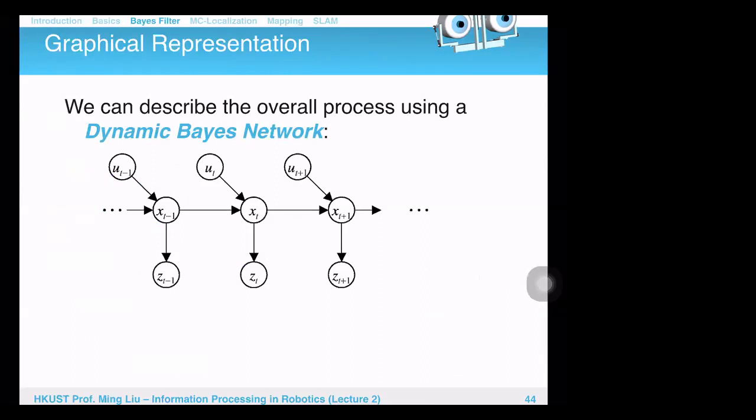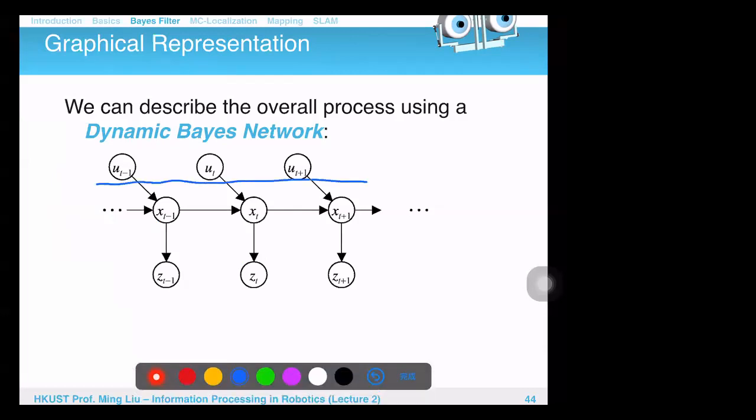That's a combination of a time series, an assembly of the time series of knowledge. This is known as a dynamic Bayes network. If we separate that, you can see that's the control to the robot.